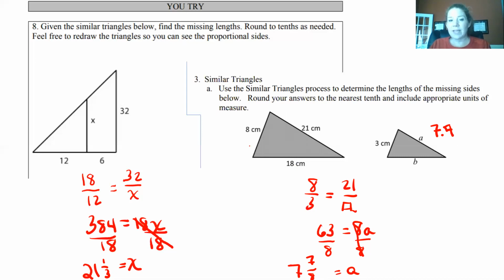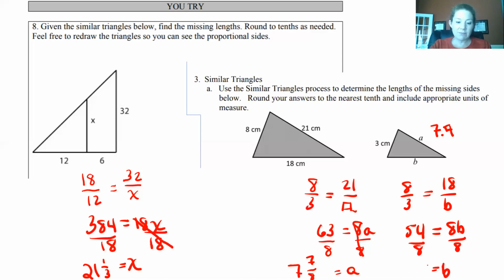Then we use 8 to 3 again. 8 goes with 3 and 18 goes with B. So we cross multiply. 18 times 3 is 54, 8 times B is 8B, so we divide both sides by 8. 54 divided by 8 is 6.75, or 6.8 centimeters. All right, how'd you guys do?